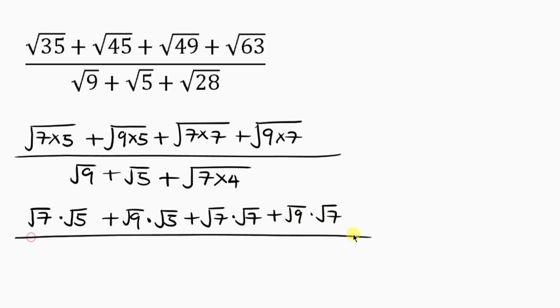So all over the denominator, we have the square root of 9 plus the square root of 5 plus the square root of 7 times the square root of 4.